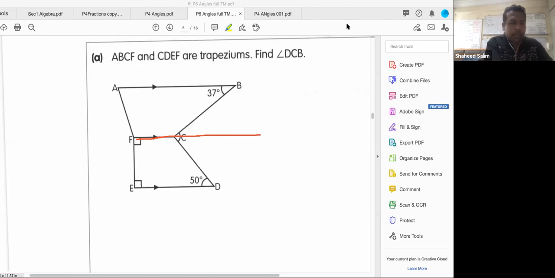Use the Z to the line that I have drawn.